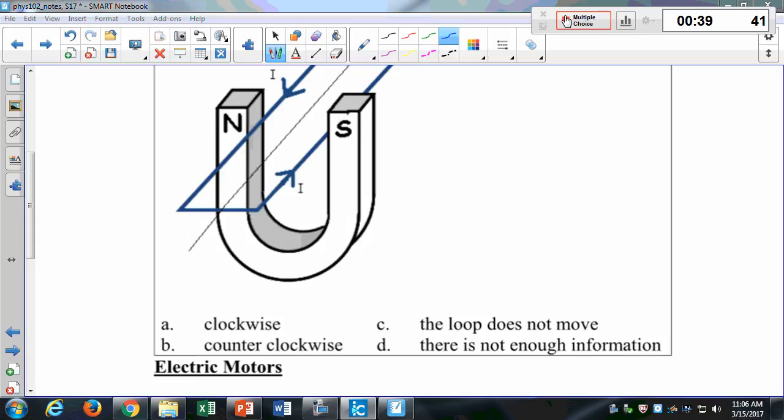Which direction does it initially turn? So think about the direction of the magnetic field. We know which direction magnetic fields go from. And then think about what force is caused on that coil of wire.